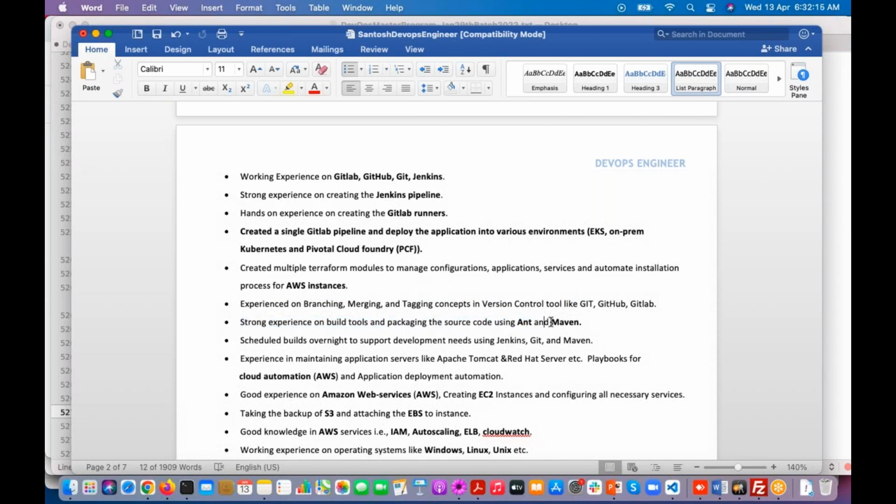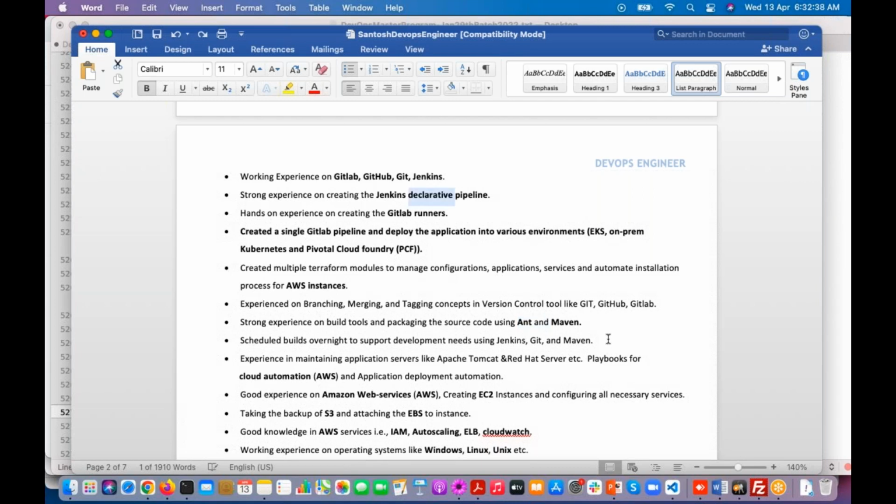Do you know Ant? If you know Ant, you can keep it. Otherwise, you can keep it like this. See, scheduling the builds overnight to support development needs using Jenkins, Git, and Maven. You know this one, right?